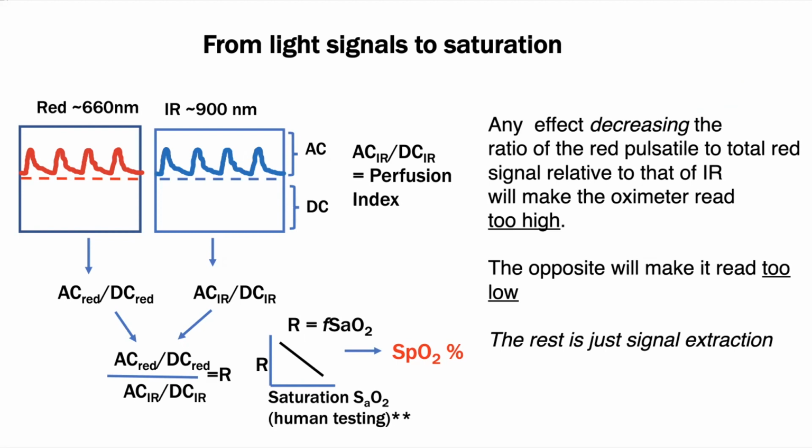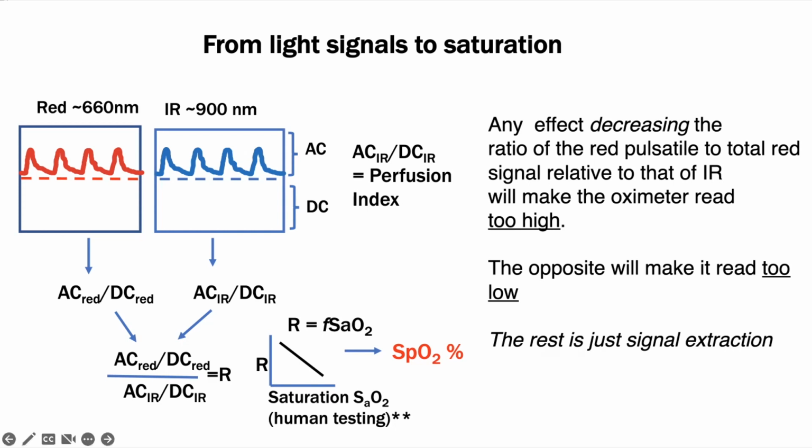It has to be calibrated. So you need to relate the signal to a saturation in a human subject. And that's the basis for the laboratory testing and validation of pulse oximeters. Now, it's one very important thing about this ratio. It decreases as the saturation increases.